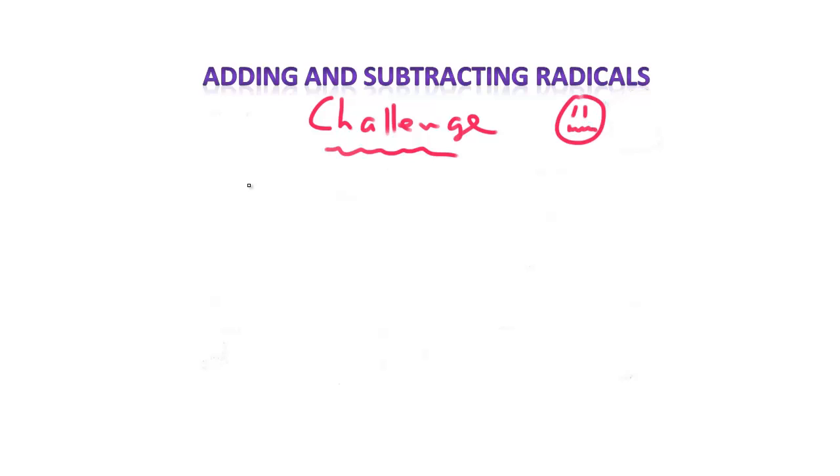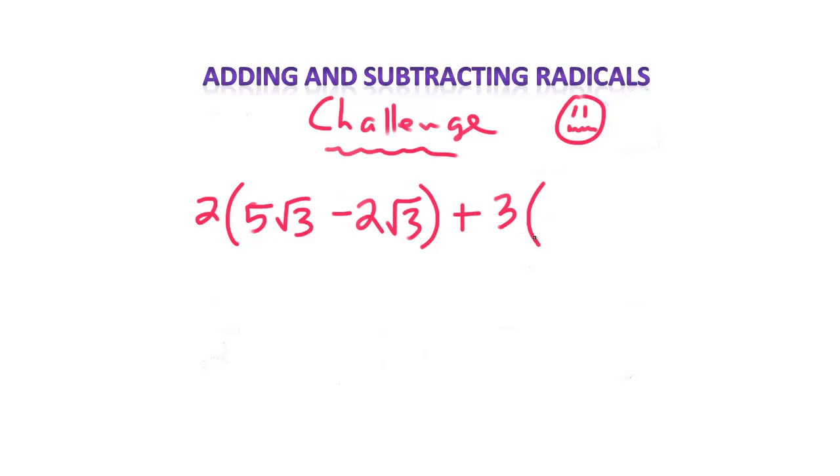So let's say we have 2 in parentheses 5 radical 3 minus 2 radical 3 close parentheses plus 3 in parentheses radical 7 minus 3 radical 7 close parentheses.